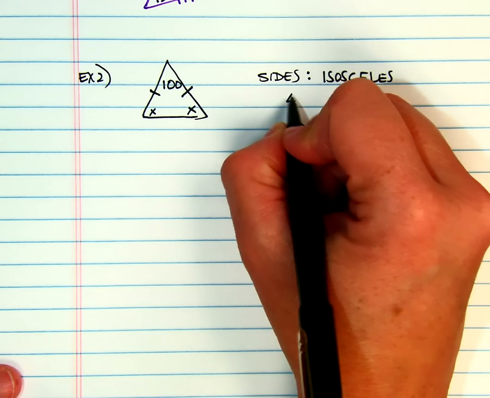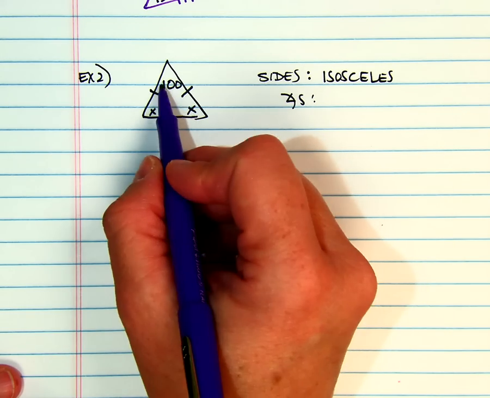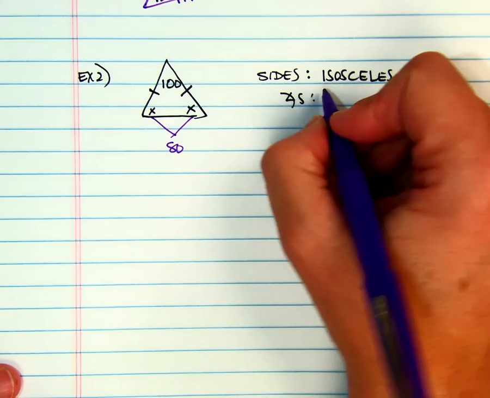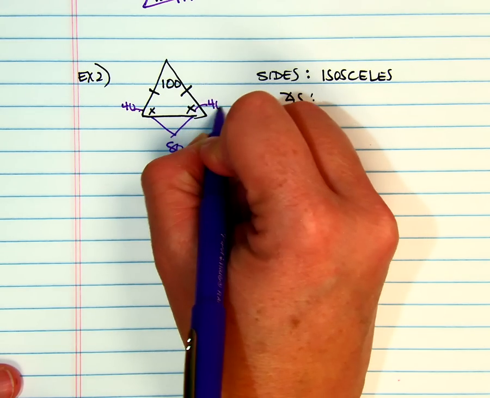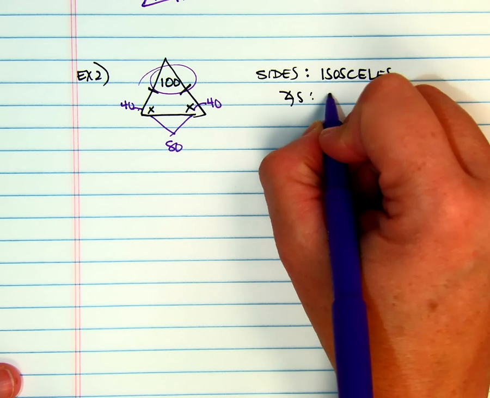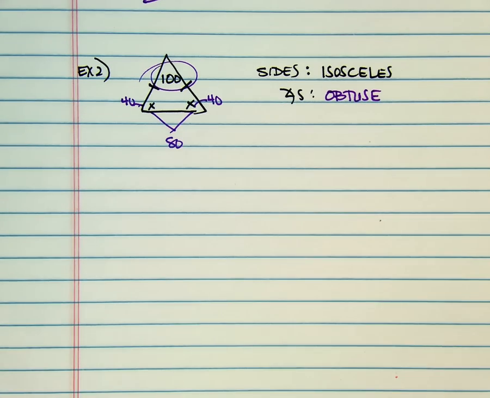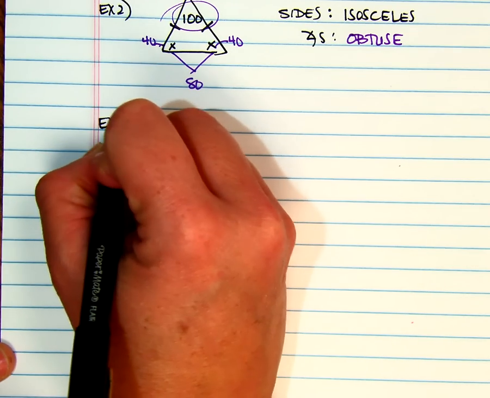Angles, I am going to find my other angles. So I know that this is 100, so that means these two have to add up to 80, which means that each of these is 40. Again, we're looking at this angle. It is greater than 90, so this is also an obtuse.